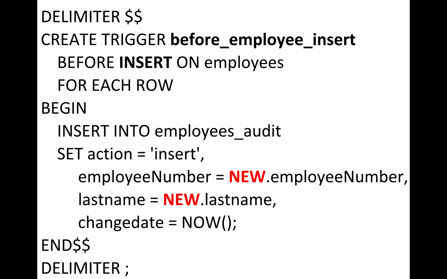Nevertheless, that record that is going to be inserted is passed to you by reference, so that you can access the new record that is about to be inserted, or the record that was just inserted. So new is a keyword that gives you access to that. It gives you access to the new record that is about to be inserted. Okay? All right.